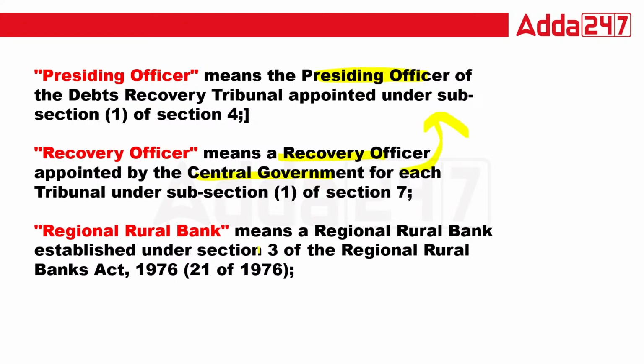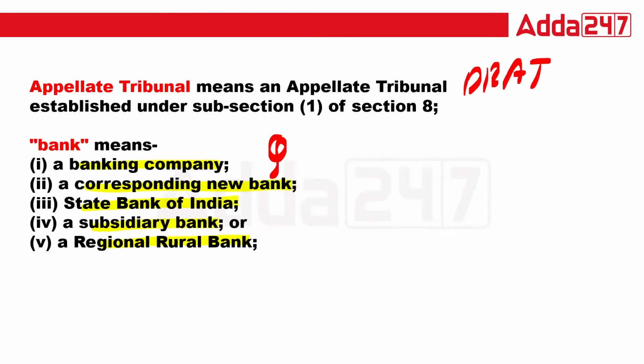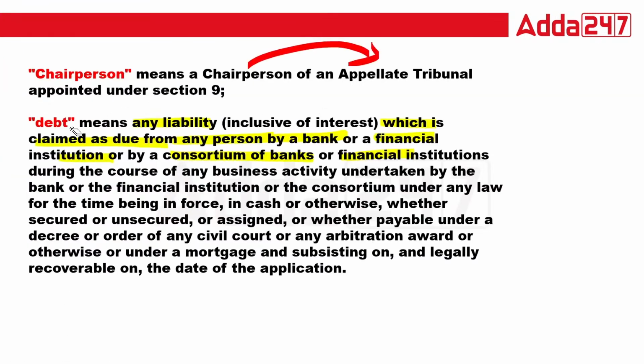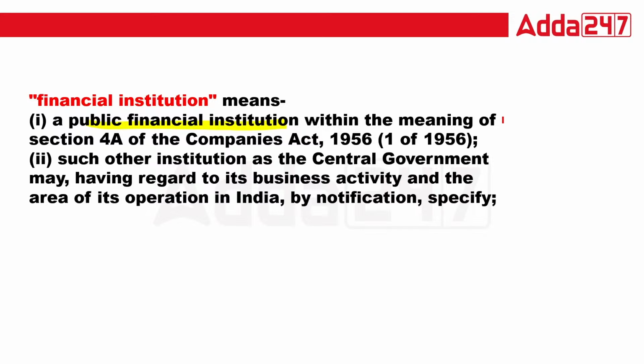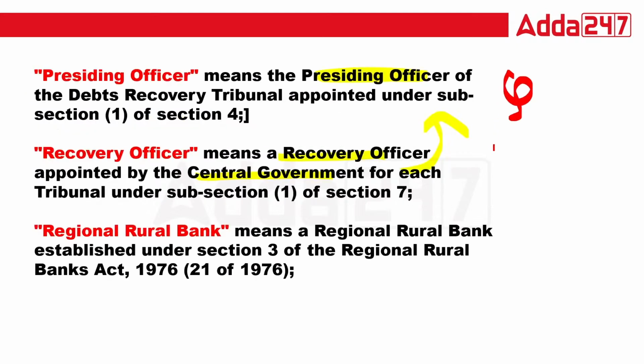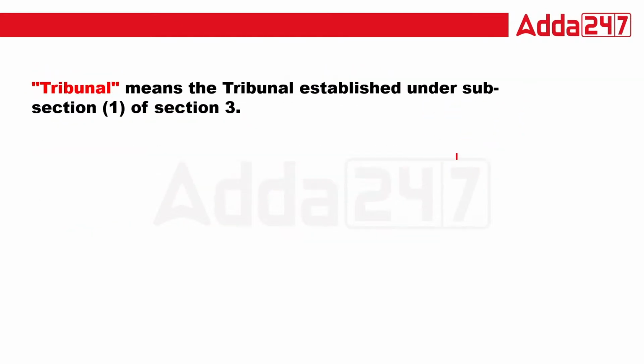RRB bank is established under the RRB Act. This bank definition is important. And then who is the chairman? Then presiding officer and recovery officer are important. Tribunal is DRT.